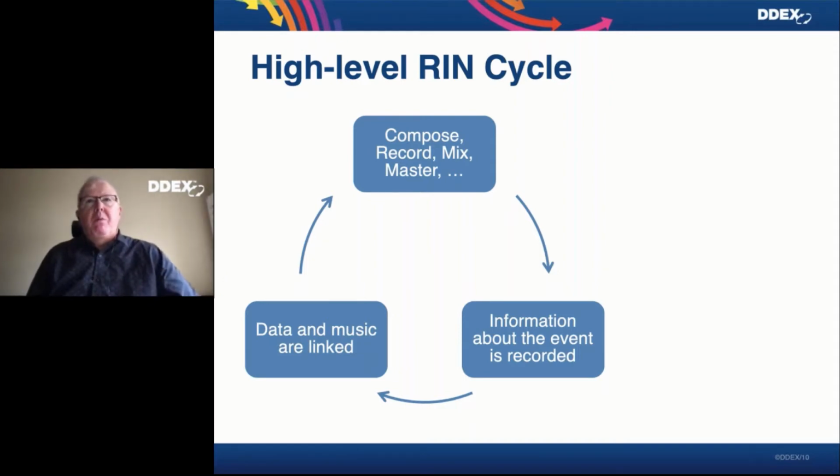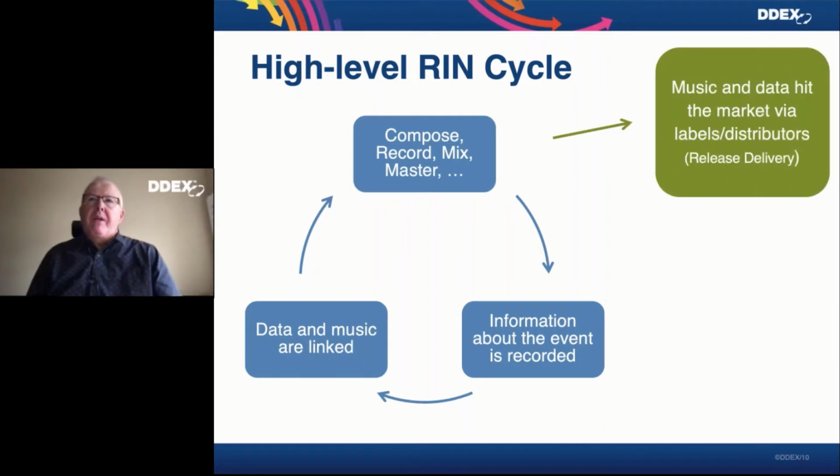Information about what happens at each of those events is collected, and the actual files are linked to the data. And this cycle goes on and on and on until it's ready to be passed on, usually and initially to a record company or a distributor.